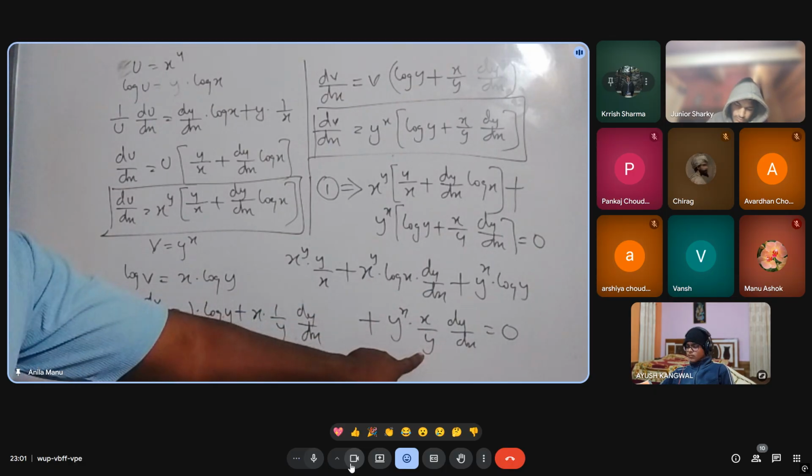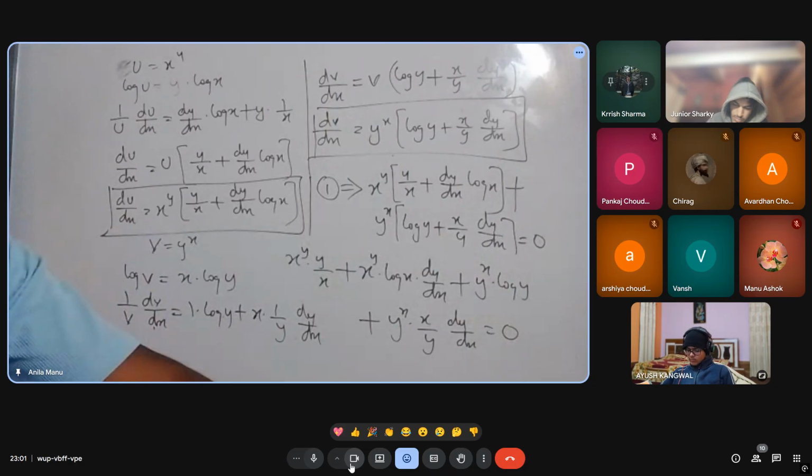In these two terms you have dy by dx, so the other two terms you can transpose.